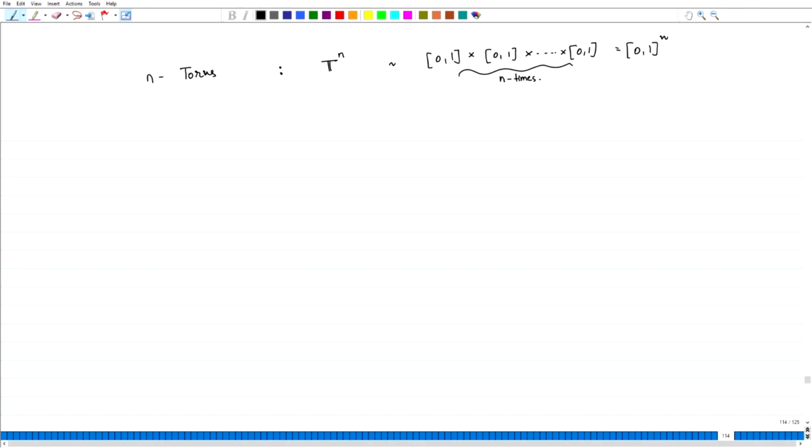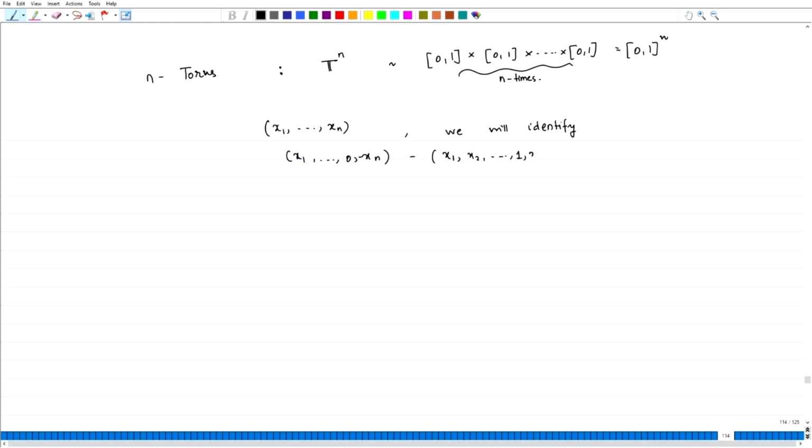The points here are x_1 to x_n, and we identify two points: (x_1, 0, ..., x_n) with the point where 1 is put in place of 0.